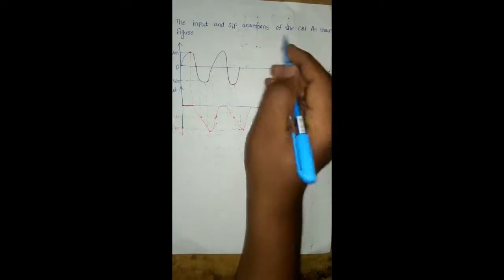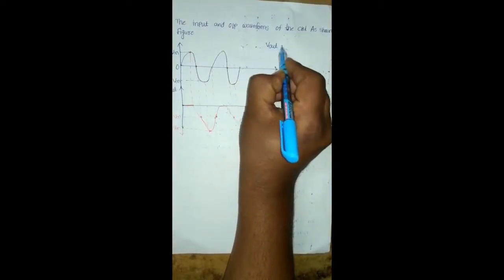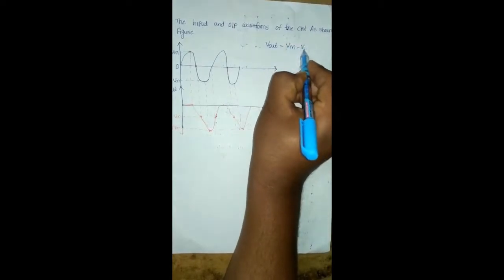Based on this equation we draw the input and output waveforms of the negative clamper circuit. These are the input and output waveforms of the negative clamper circuit. And we know that the output voltage of the negative clamper circuit is Vout equals Vin minus Vm.